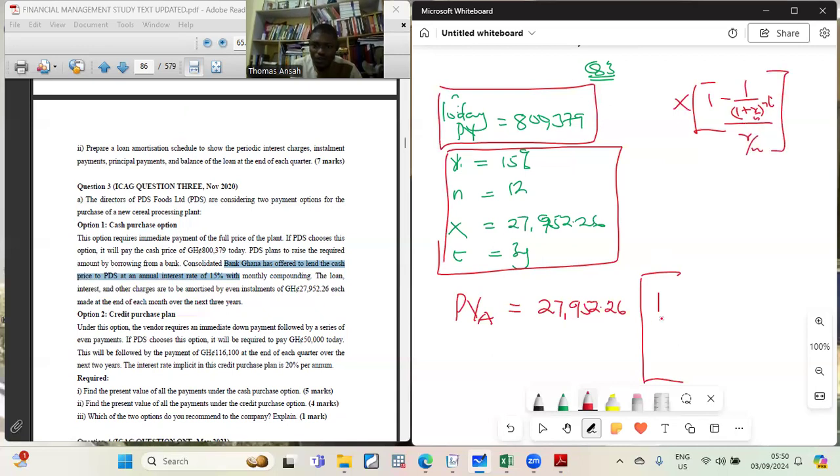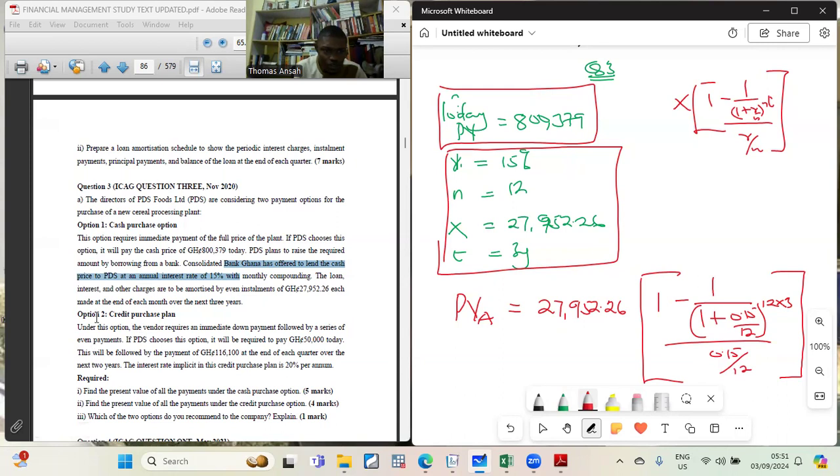So don't forget that. So 1 minus 1 over 1 plus, what is our rate? 0.15 monthly compounding. So we have 12 multiplied by how many years? 3 years, all over 0.15 over 12 again. So this is what you have. So if he chooses this option, that is what we are going to calculate.